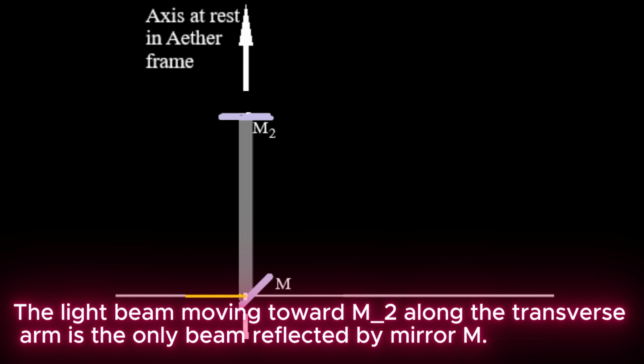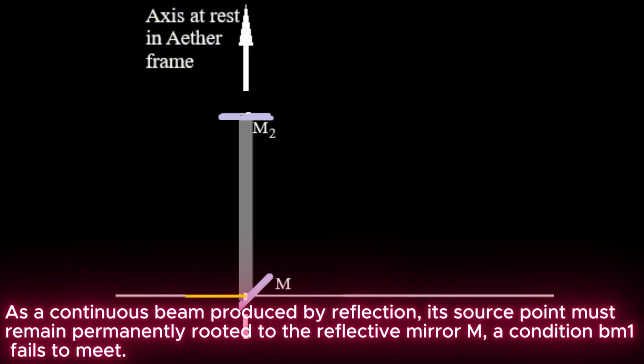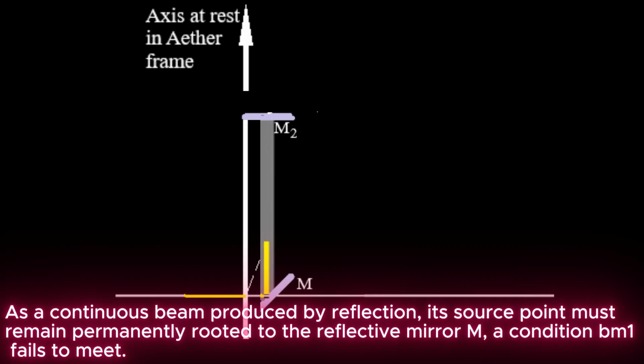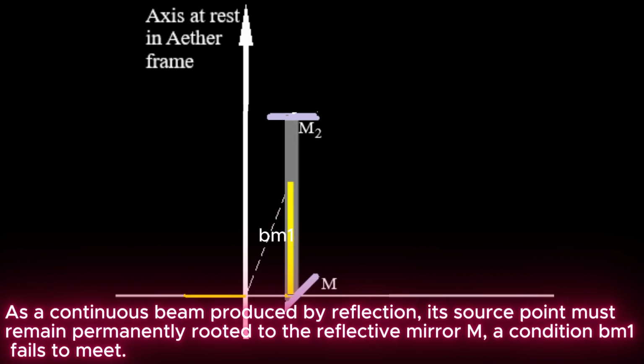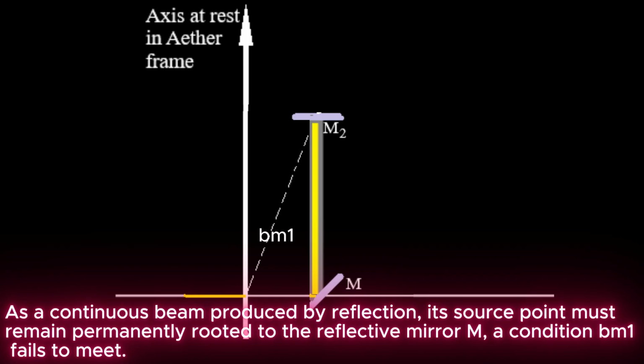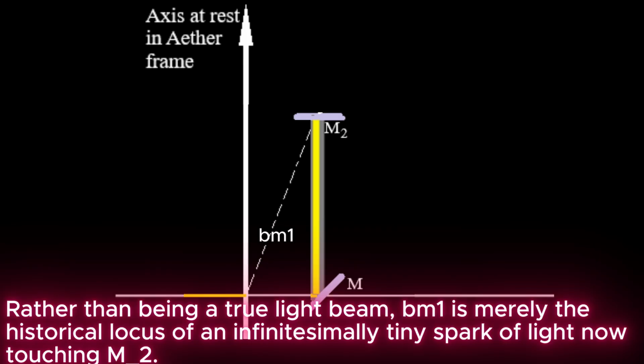The light beam moving toward M2 along the transverse arm is the only beam reflected by mirror M, as a continuous beam produced by reflection. Its source point must remain permanently rooted to the reflective mirror M, a condition BM1 fails to meet, rather than being a true light beam.